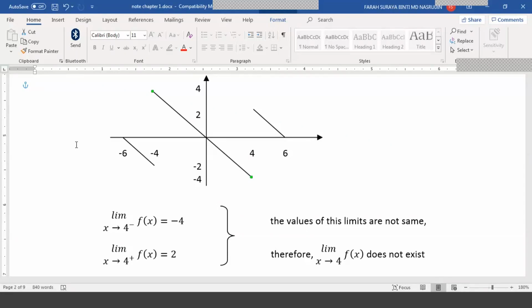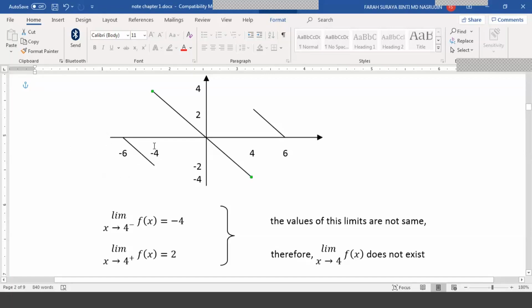Okay, Arif Danish. Negatif 2. Okay, betul. Sebelah left limit dia adalah negatif 2. Okay, Arif kalau right limit dia? Bukan. Dekat right limit untuk approach negative 4.